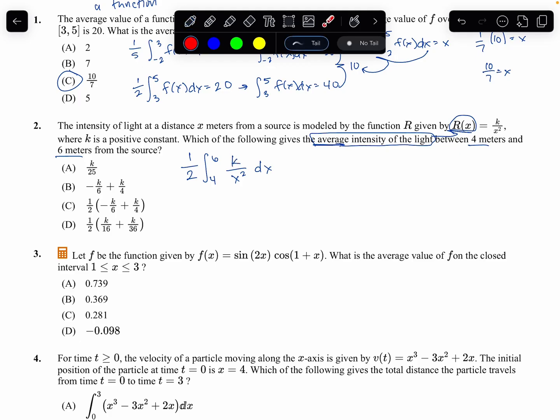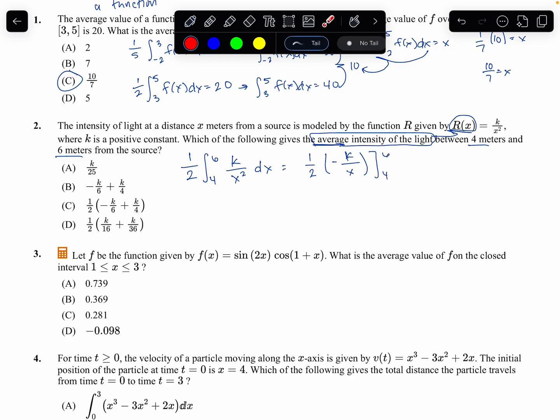You could pull it out and make it k right here, it's not going to matter, but we just have to find the antiderivative of 1 over x squared, which is just negative 1 over x. And then this will be from 4 to 6.